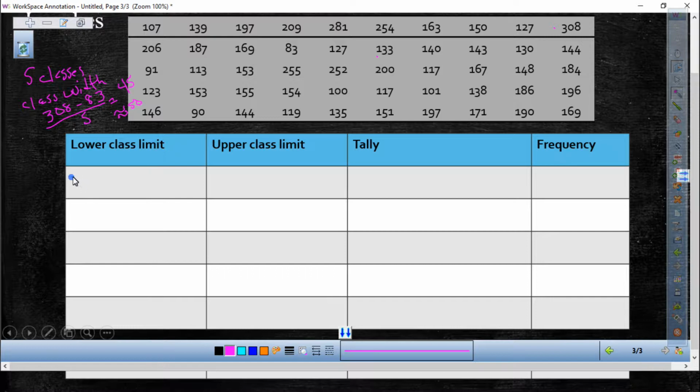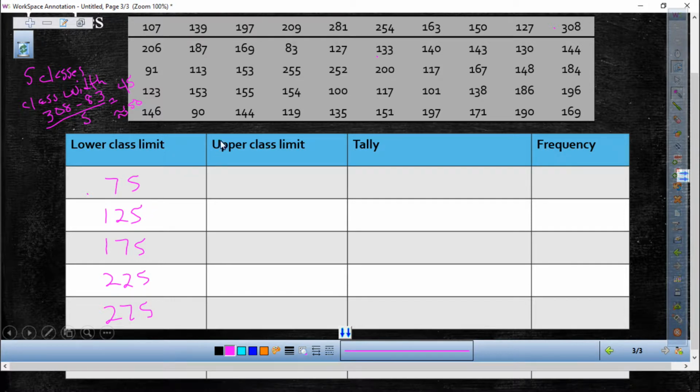I'm going to do 75 for my lower class number, and then add 50, and that gives me 125. Add 50, that gives me 175. Add 50, that gives me 225, and 275 for my last one.